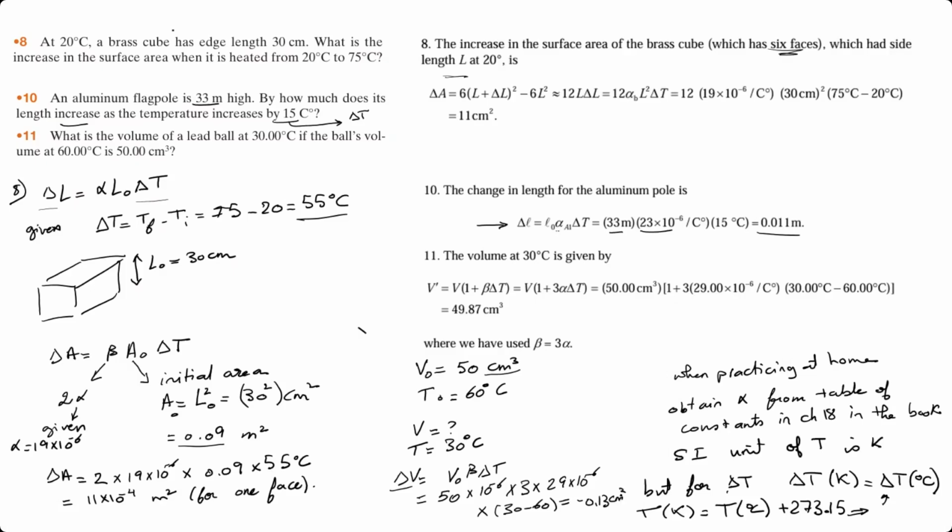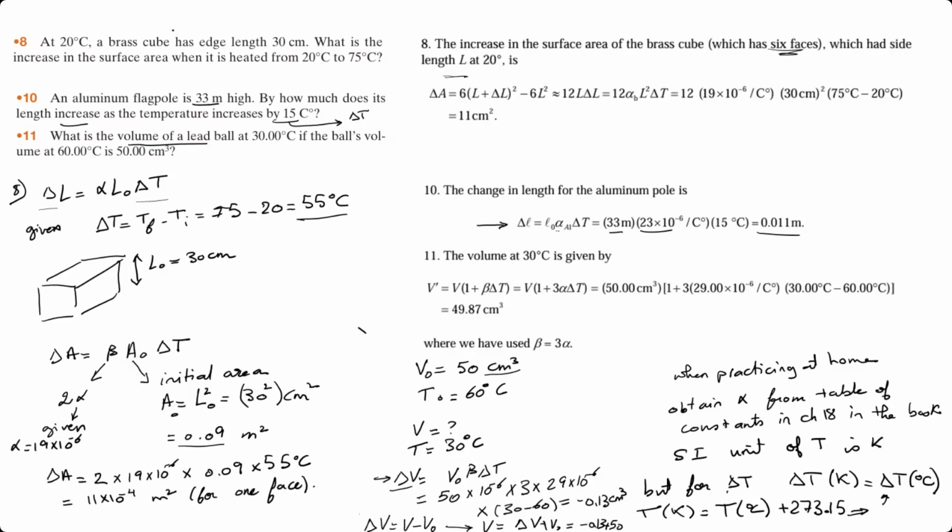centimeters cubed. One thing I want you to notice, the question asks for the volume of the lead ball at 30, and not the change in the volume when we go from 60 to 30. So what we want is V, not delta V, the final volume. Now I know delta V is none other than V minus V0, the final minus the initial volume. So V is going to be delta V plus V0. Now delta V is minus 0.13 and V0 is 50.